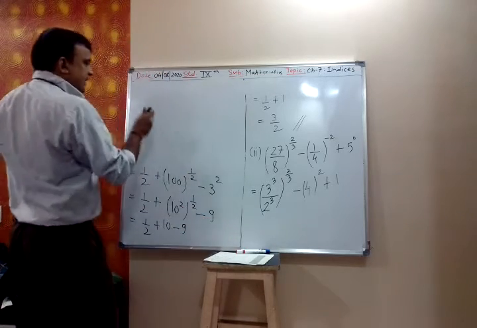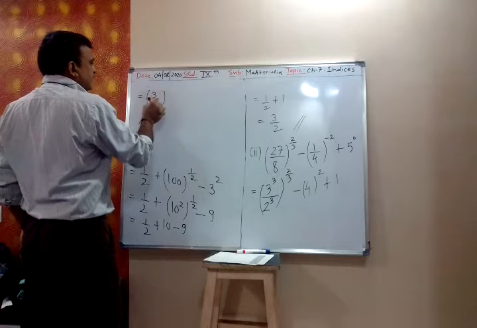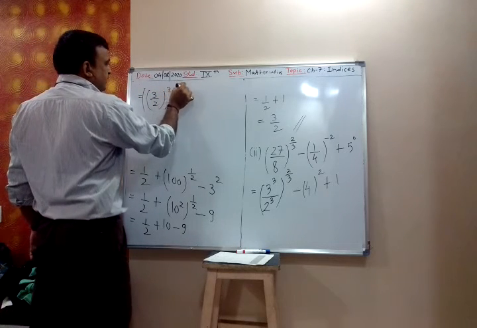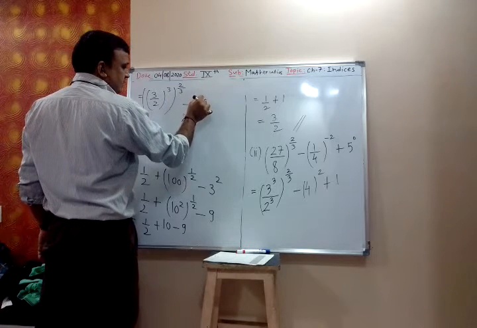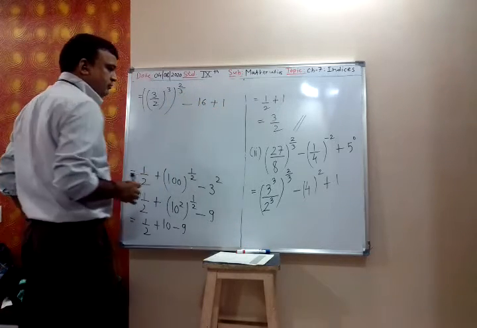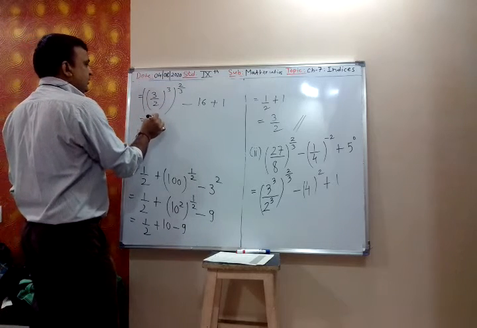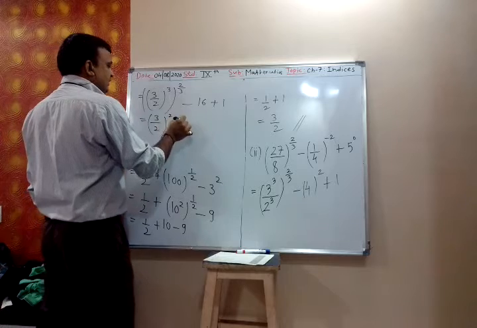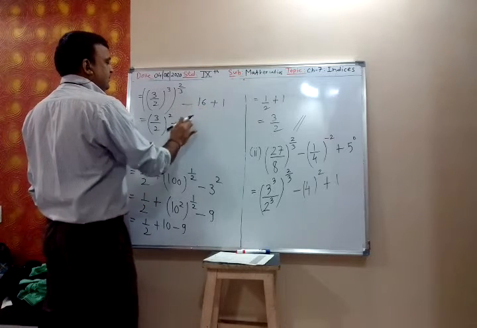So this will be 3 by 2 whole raised to 3, raised to 2 by 3, minus 4 raised to 2 is 16, plus 1. So the 3s get cancelled. So that is 3 by 2 raised to 2, minus 16 plus 1 is minus 15.